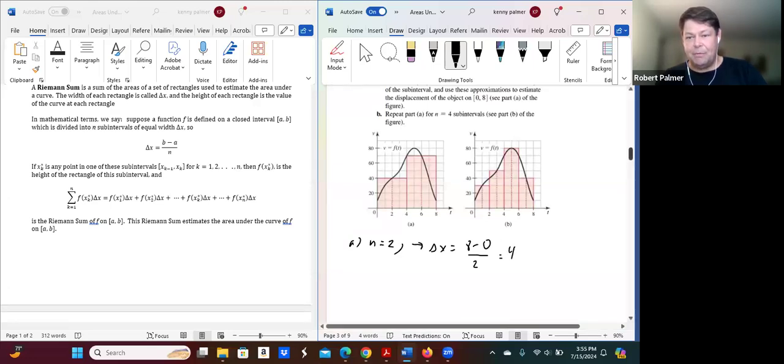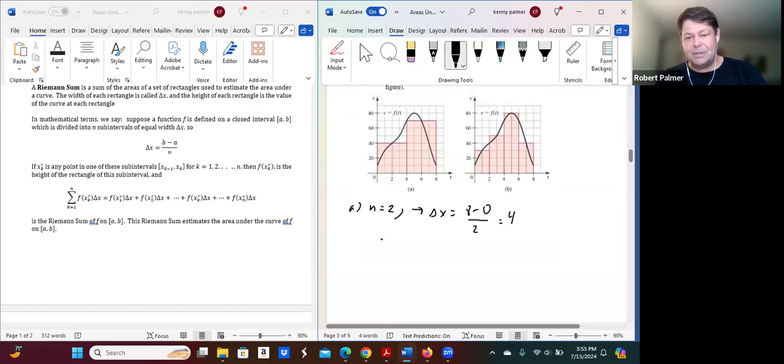Now let me call it the estimated area, because it's not going to be exact, as you can see. And once again here, we're also using a midpoint Riemann sum, evaluating at the midpoint.